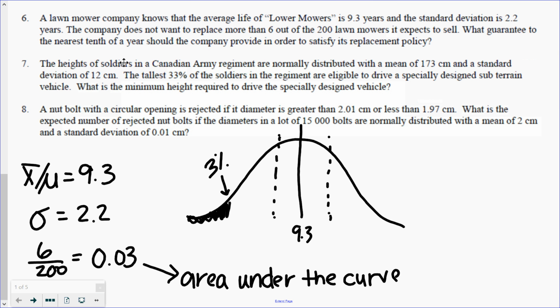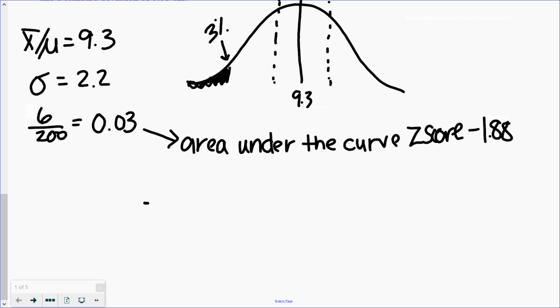So that gives us a z-score of negative 1.88. Now if we look at that equation with our z-scores, z equals x minus mu over standard deviation, we have the z-score, we have the mean, we have the standard deviation.